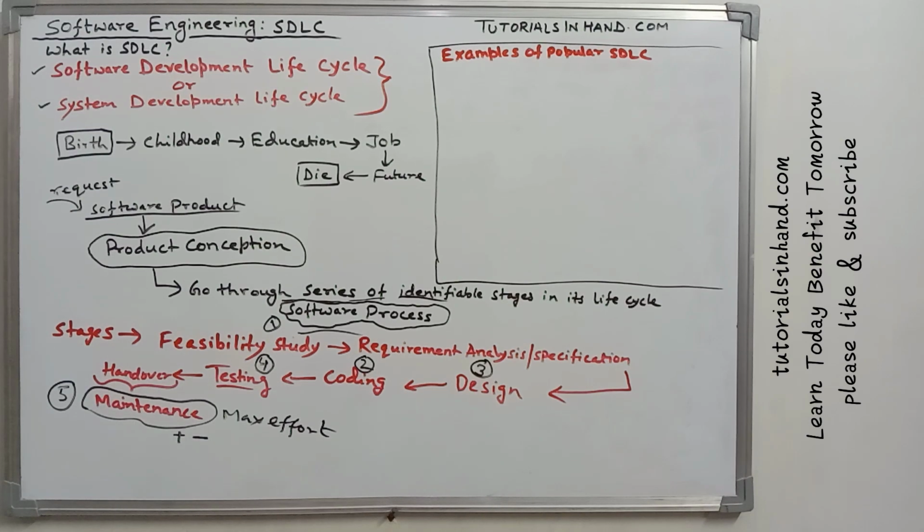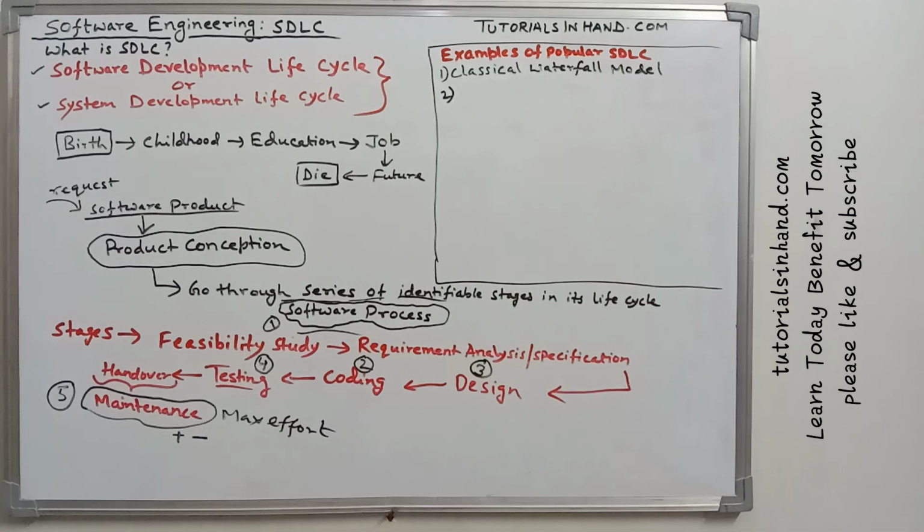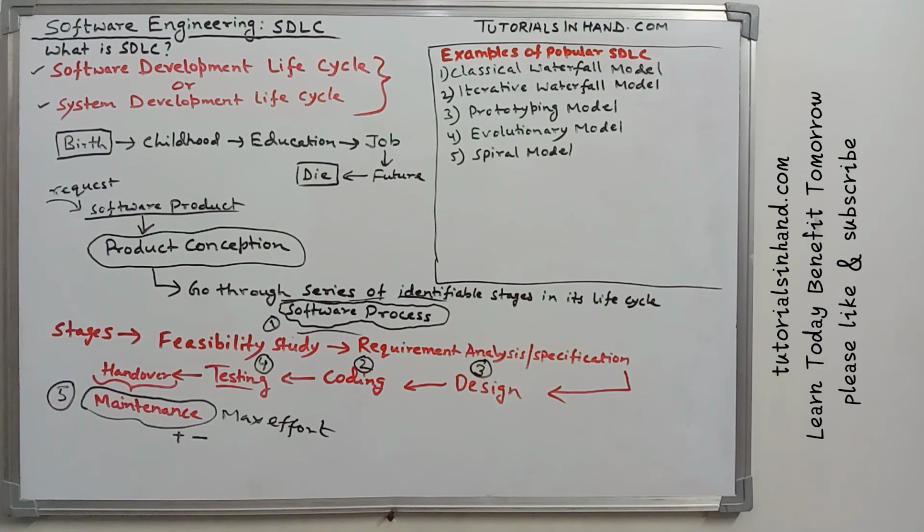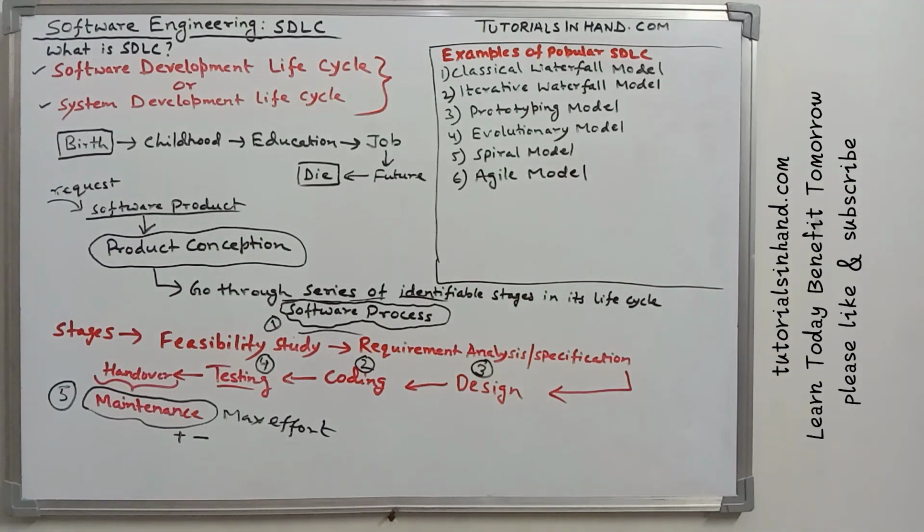Now we have different examples of popular SDLC, which are classical waterfall model, iterative waterfall model, prototyping model, evolutionary model, spiral model, and we can also add agile model as well. This agile model is nowadays very popular in the software development industry. We will study about that also in future. And just remember that these are the examples.